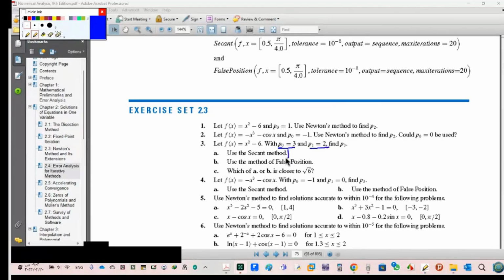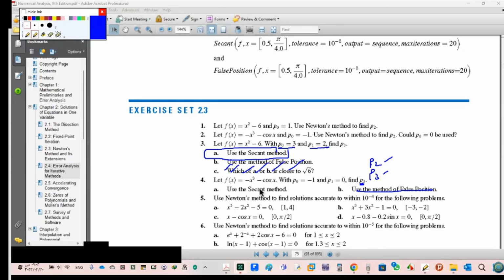Then he asked me to calculate using the secant method. Another method I didn't give, so forget it. Another example, let f(x) equal x cube minus cosine x with b0, b1, find b3. So you have to calculate b2, b3, just 2. Using the secant method, we don't need false position, I didn't give it to you.